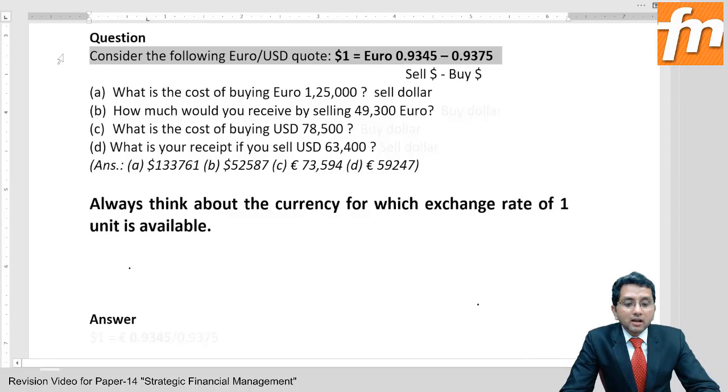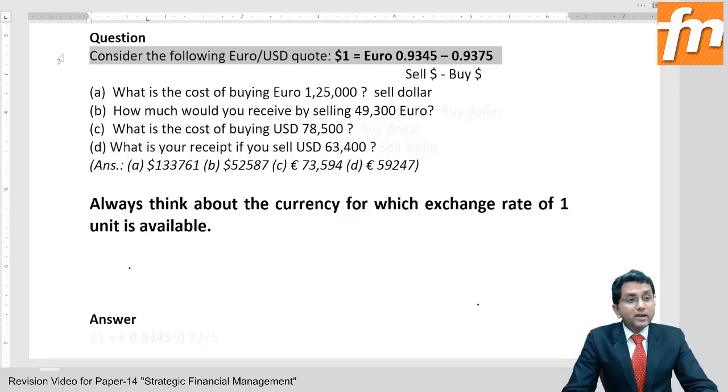So don't think about buying or selling euro in this question. It will always be easy to think about buying or selling dollar, because the exchange rate is given for $1. And if you think about buying or selling dollar, it will be easy for you to interpret and use this exchange rate quotation.